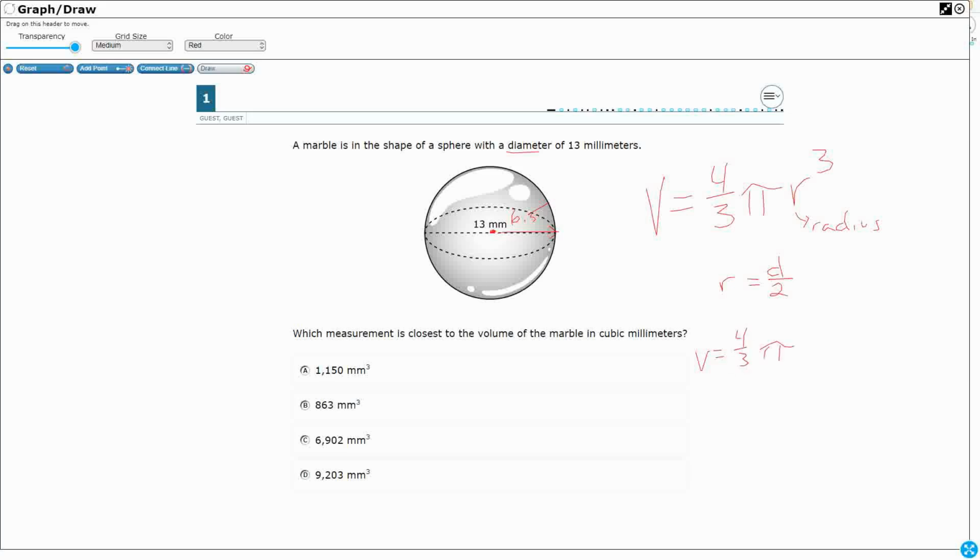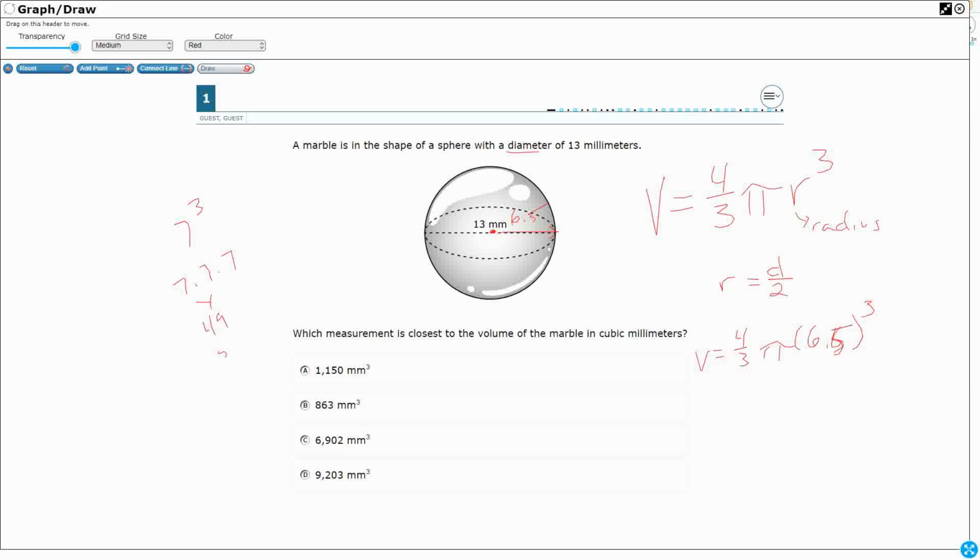4/3 pi, and then we're going to put 6.5 cubed. Right, so 6.5 is about 7, right? So 7 cubed. It's going to be 7 times 7 times 7. I'm just getting an estimate here. So that's going to be 49.